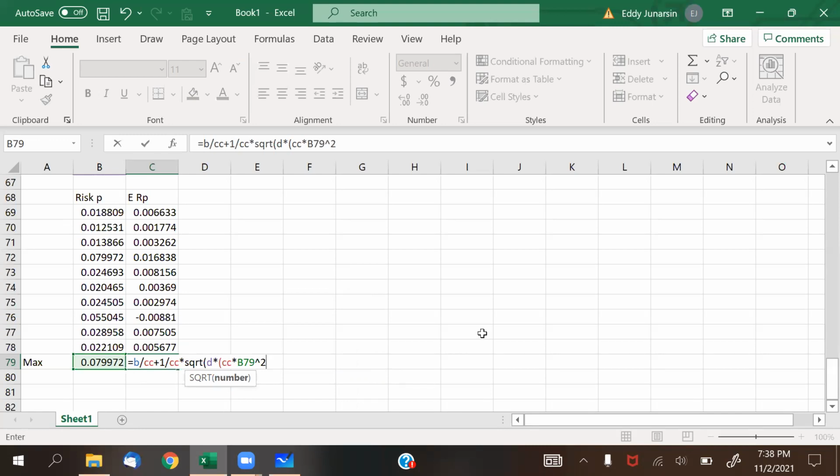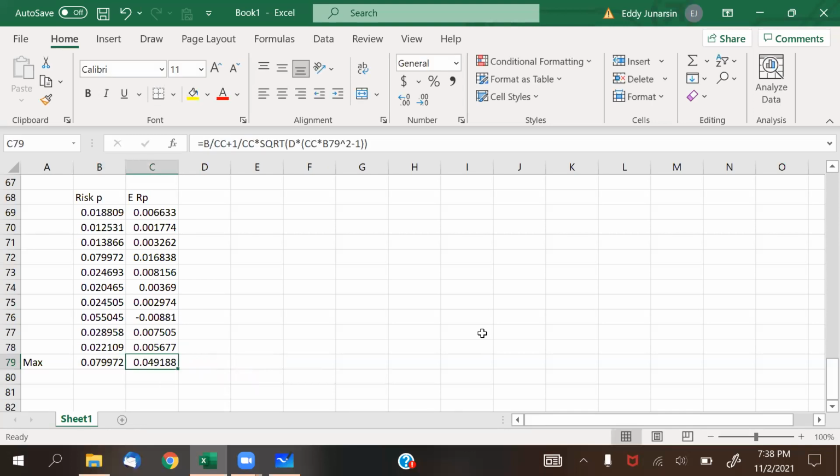Risk squared, standard deviation squared, is your variance, right? So once again, B divided by C plus 1 divided by C times the square root of D times C times the variance minus 1. Okay, so we get something here.